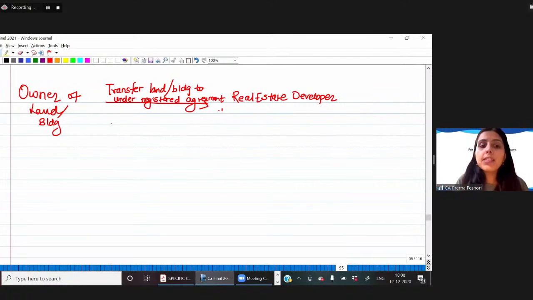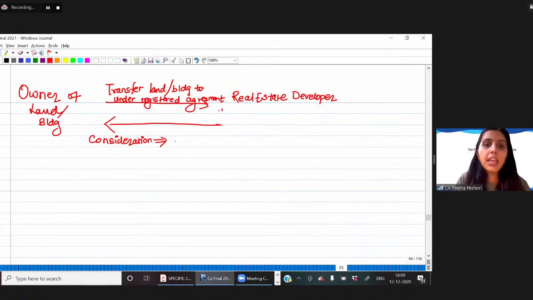What could be that consideration? So consideration will be in the form of, what these builders do is, they give a share to the owner of that land.